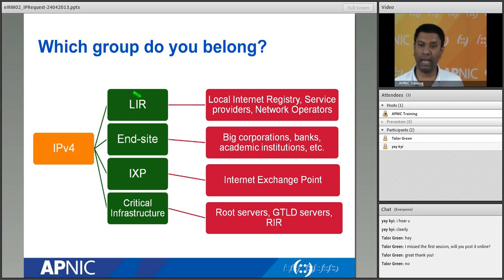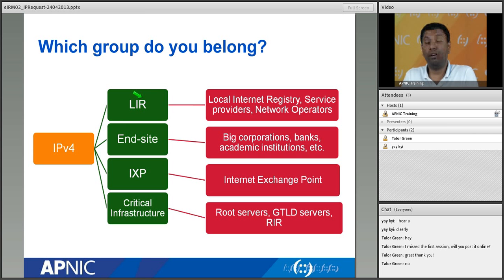But in terms of internet infrastructure, you're probably not the service provider, because a bank is not going to provide internet service, but banking service. So in terms of IP address management, a bank is not a service provider. Who provides internet service? Could be an ISP, a telco, or a data center. Those belong to the criteria of LIR, and they can get addresses.